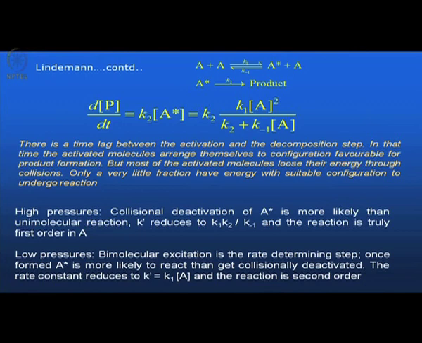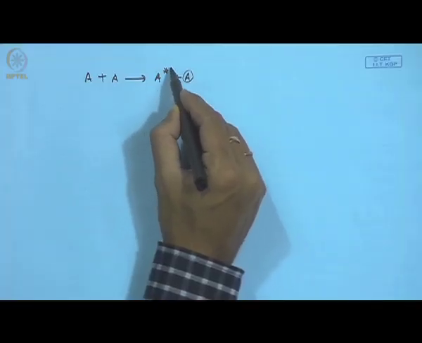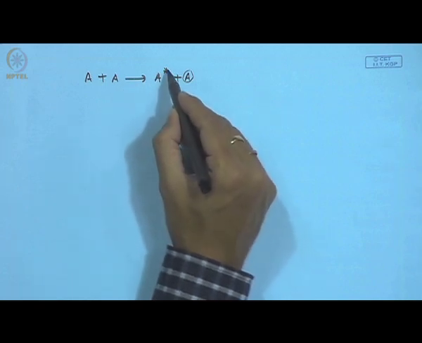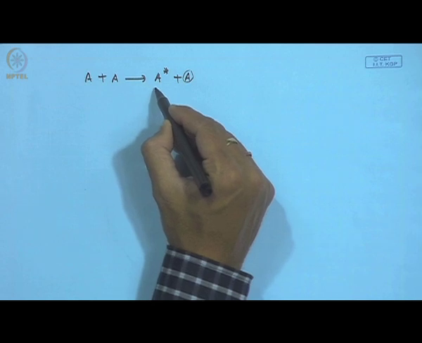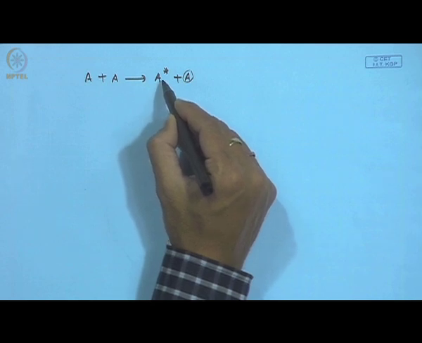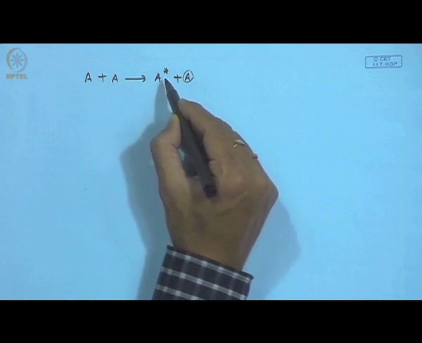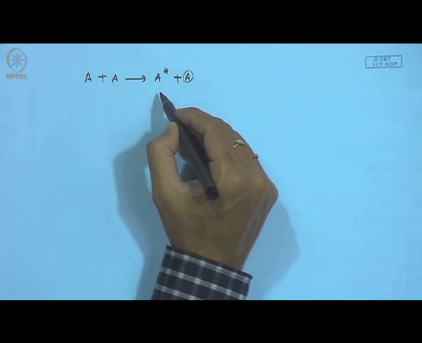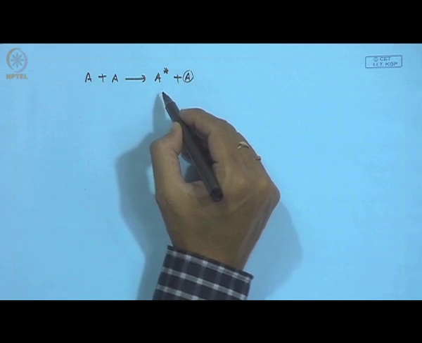So, say 100 A star molecules are produced as a result of collision, of which a major fraction gets deactivated, but maybe a little fraction, maybe 10 to 15% of the total population, remains and gives rise to products. Okay.